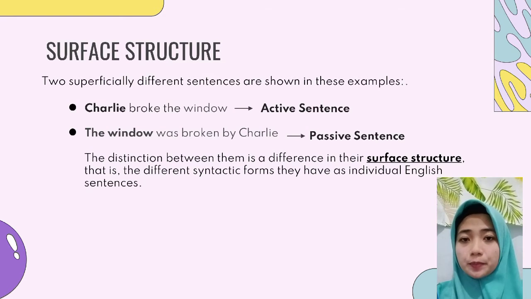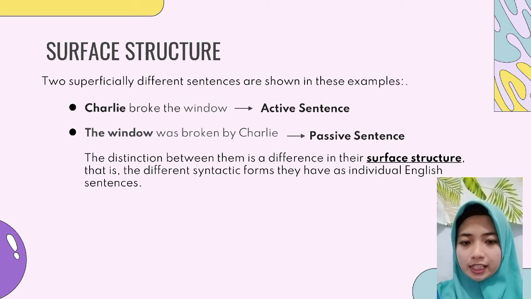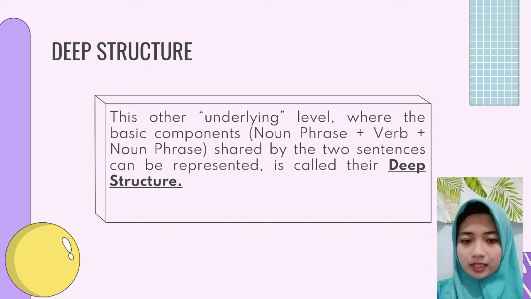The second is a passive sentence, focusing on the window and what happened to it. The distinction between them is a difference in their surface structures. That is, the different syntactic forms they have as individual English sentences.